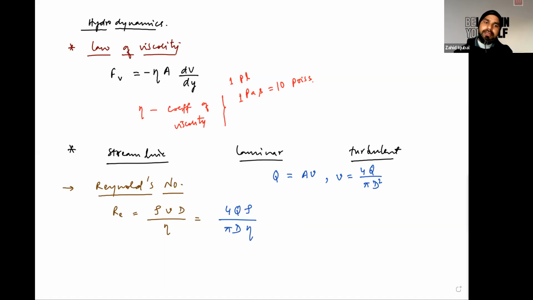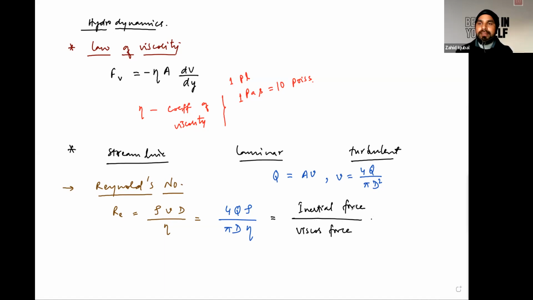Further, you may write this expression as a ratio of two different forces: for the numerator, inertial force, and for the denominator, viscous force. So the Reynolds number is a ratio of these two forces.